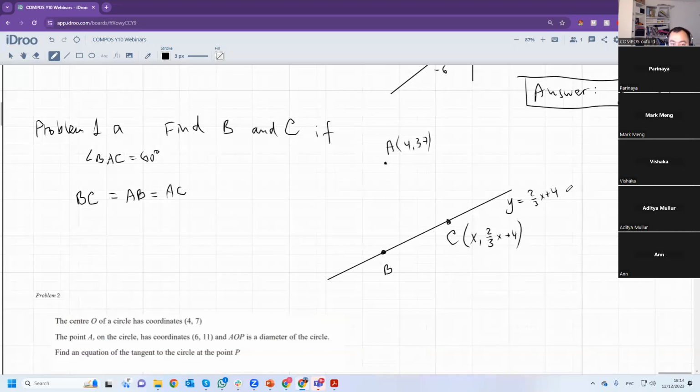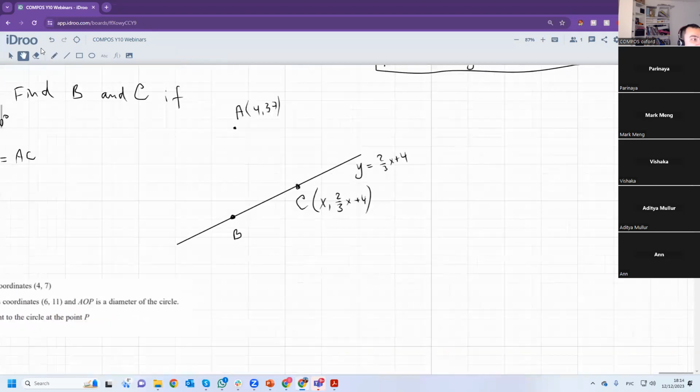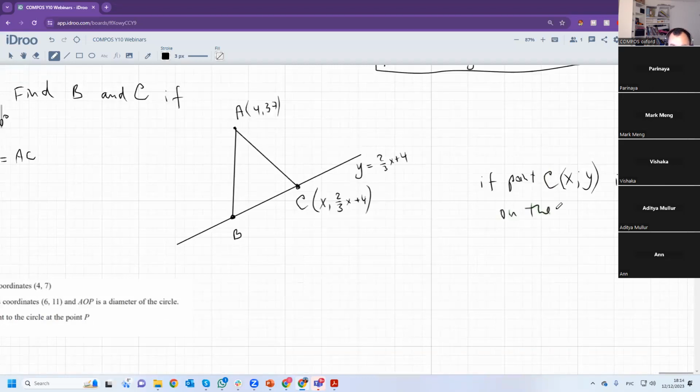Because y is that. So if a point is on the line, if point C (x, y) is on the line y equals 2/3 x plus 4, then the coordinates x and y satisfy this equation.